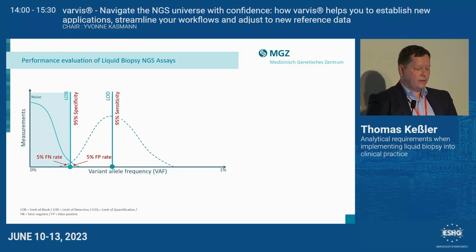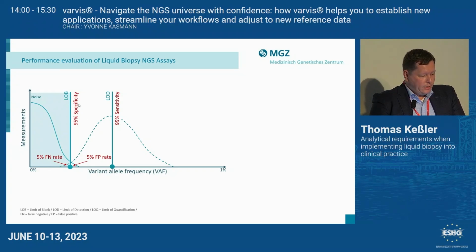For example, here in terms of a limit of detection, which is a representative of 95% sensitivity for the assay, and also more important, as I will continue saying in a few moments, is the limit of blank, where you have the assumption of a 5% false positive rate and a 5% false negative rate, so that you can really be sure that what you are detecting is actually a variant and not noise. So the noise would be here to the left of the variant allele frequency that you set as a limit of blank.